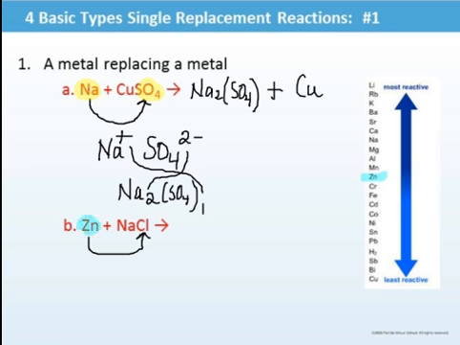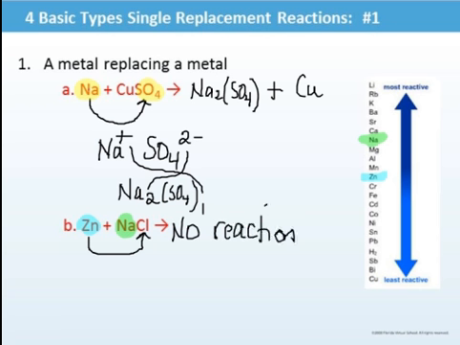Let's highlight sodium. Sodium is right here. So the question we must ask ourselves is, is zinc higher than sodium? No, it's not higher. That means zinc is not reactive enough to replace sodium. So we write no reaction and we're done.